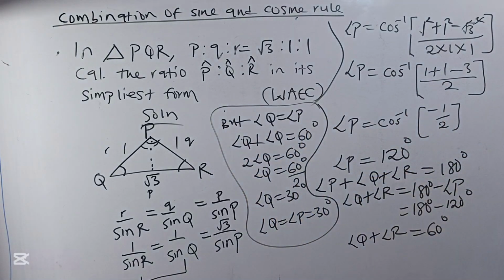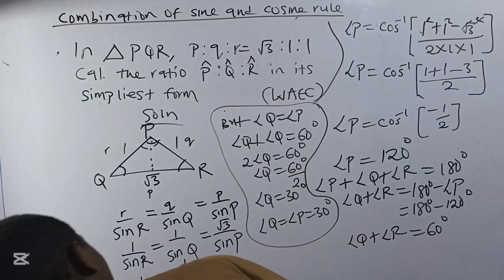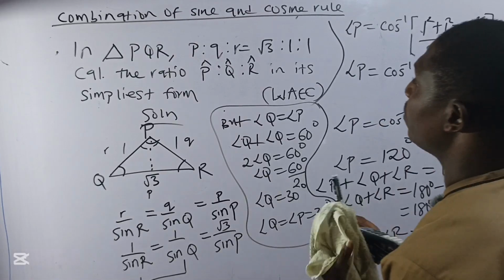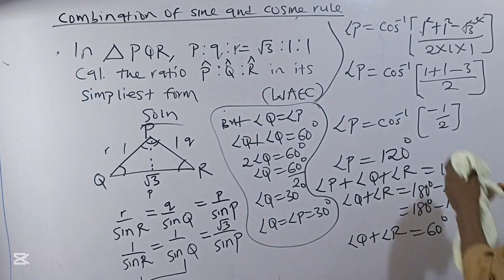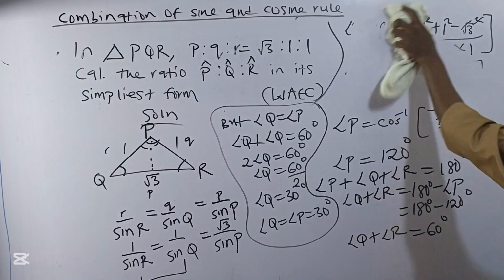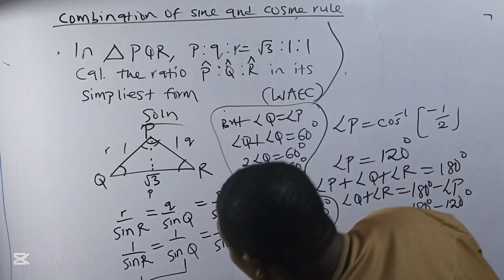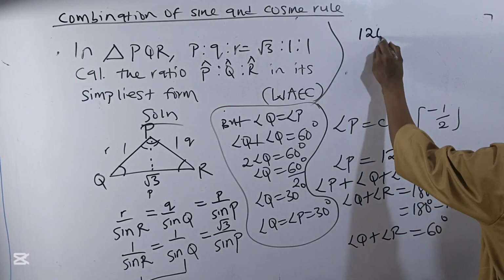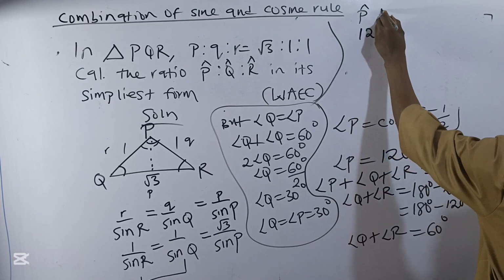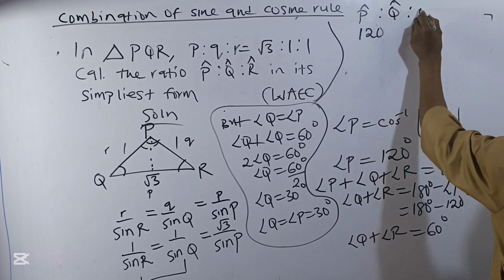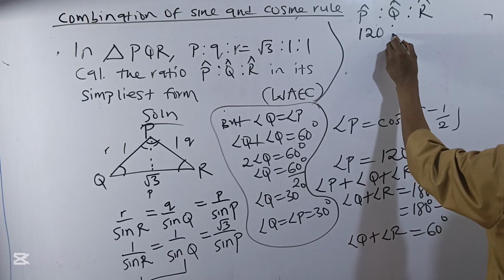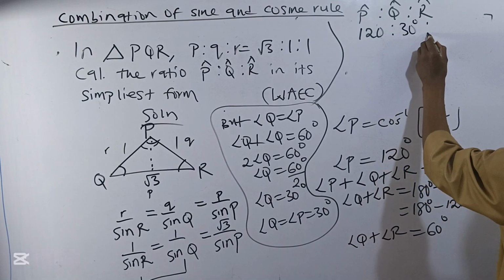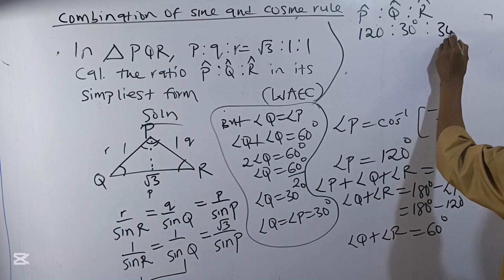So we've gotten our 3 angles. They said we should do it in this ratio. So my angle P is 120 degrees. So angle P ratio angle Q ratio angle R will give me 120 degrees ratio 30 degrees ratio 30 degrees.